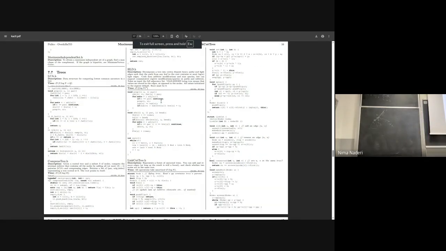So yeah, this is the code. The pre is the pre-process to calculate the heaviest child and the subtree size. HVS is the heaviest child. Then in the DFS, I'm just preparing to go first with HVS into the heaviest child.